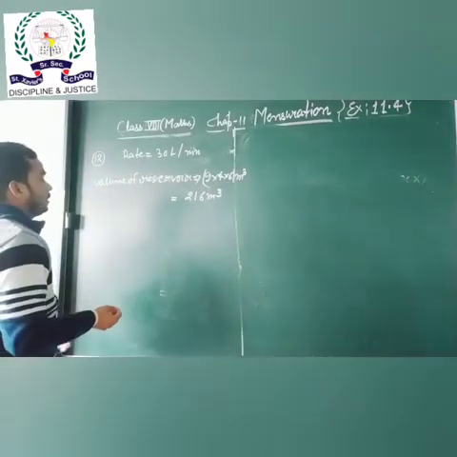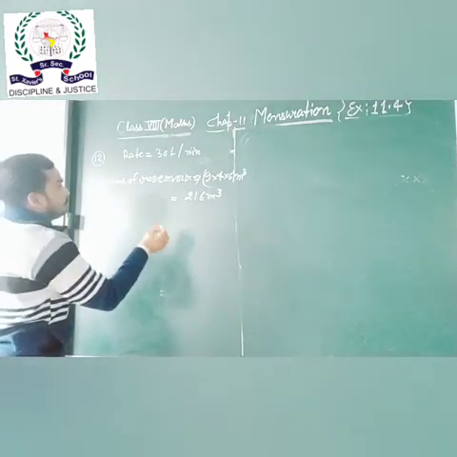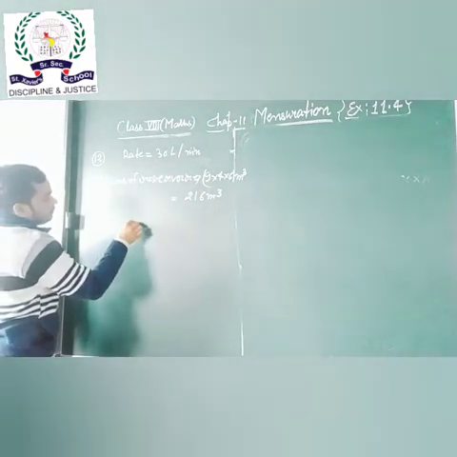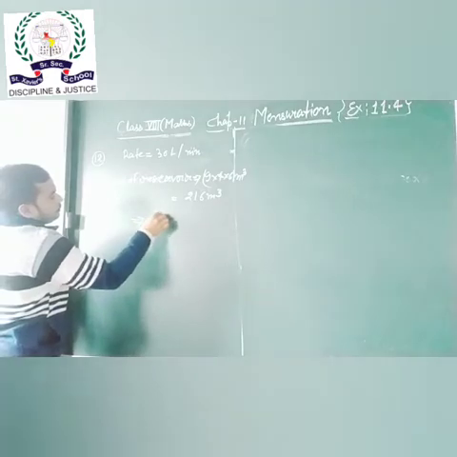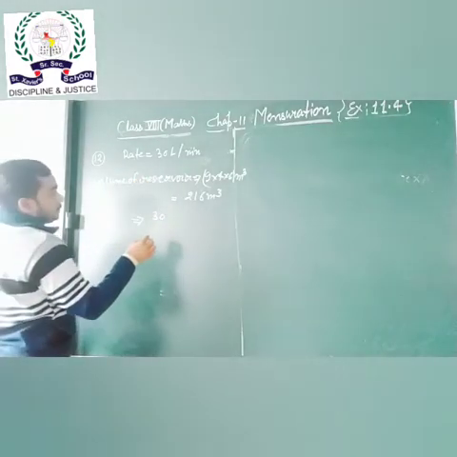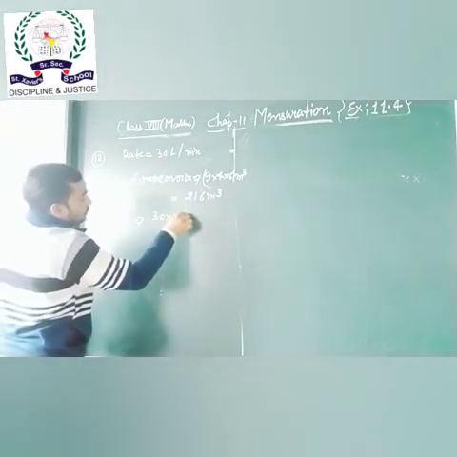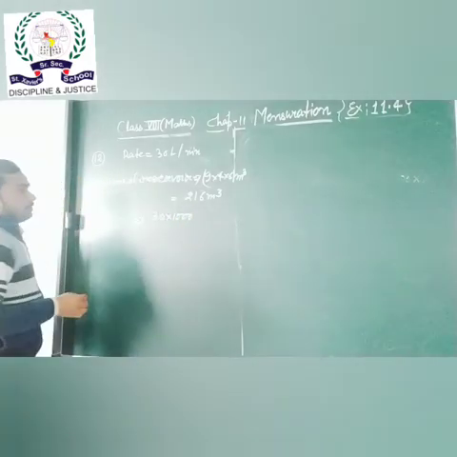The rate is given as 30 liter per minute. Convert into meter cube. 1 liter equals 1000 meter cube. So 30 into 1000 per minute.